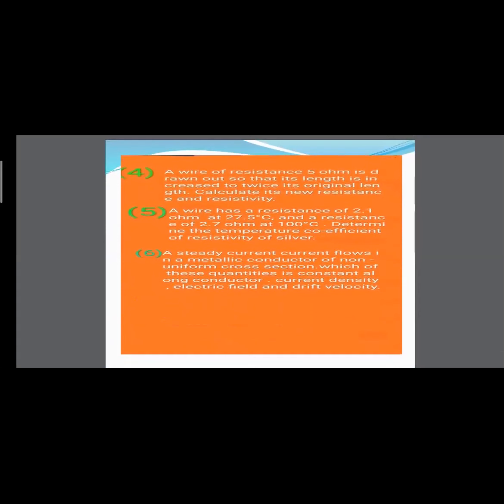First problem: two wires of the same metal have their length ratio of 4:1 and radii in the ratio of 2:5. If the resistance of the thicker wire is 3 ohm, find the resistance of the other wire. In this slide there are 3 problems, and the next slide has 3 more, so in total 6 problems are given to you to solve.